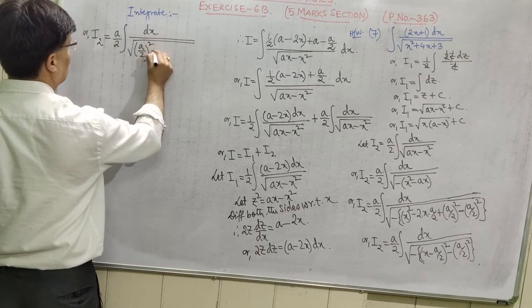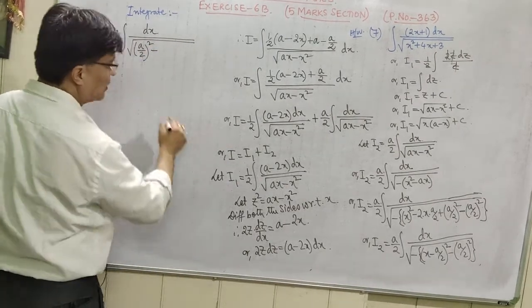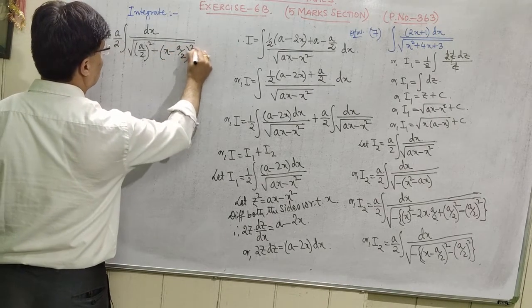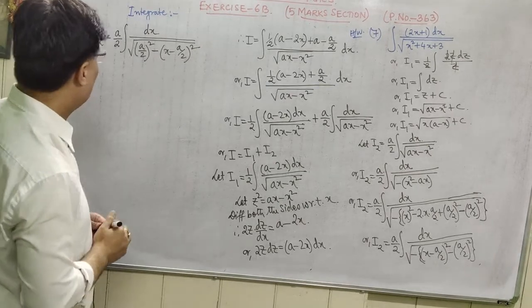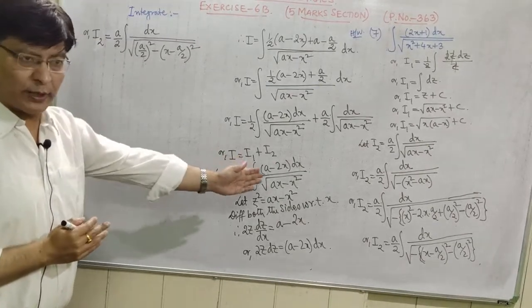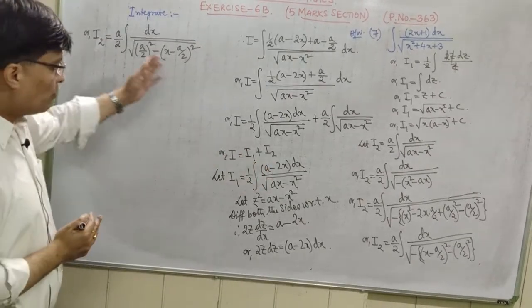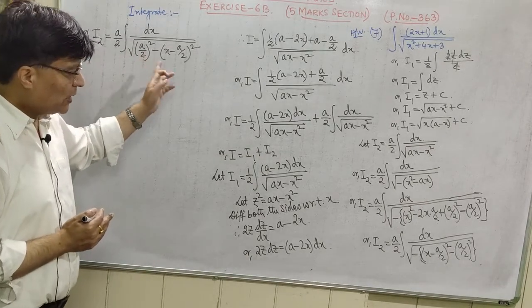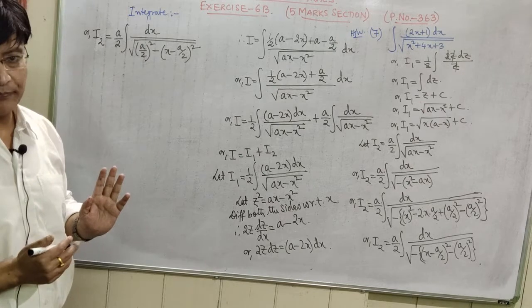This is your a by 2 whole square, then minus x minus a by 2 whole square. So it is multiplied by the minus sign here. The positive term a by 2 whole square is written first, then minus x minus a by 2 whole square.